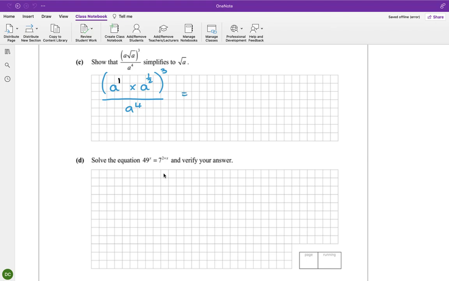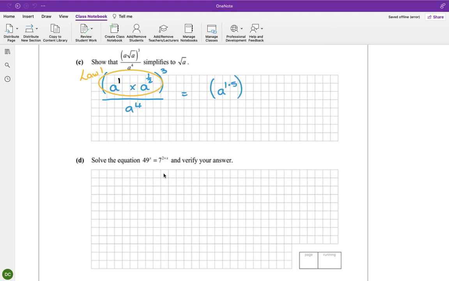So this here is law 1, where if you are multiplying two numbers with the same base, you add the powers. So if you add 1 and 0.5, you get 1.5. Maybe we do it as a decimal. So you get 1.5.